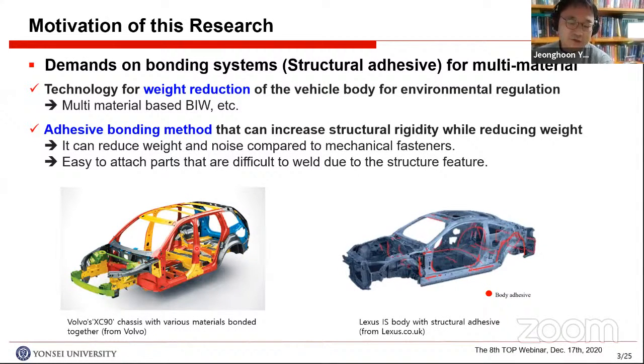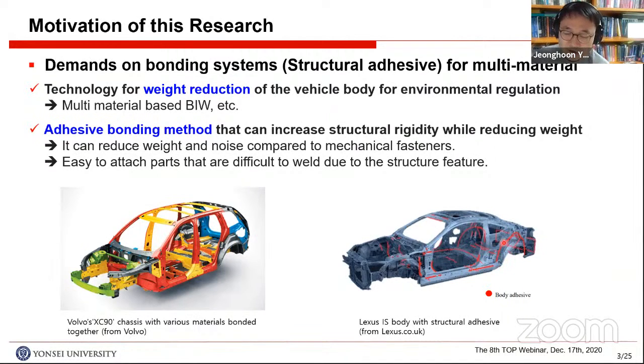Widely used bonding methods like mechanical fasteners are not good for weight reduction, and they also cause noise. For welding, some materials such as steel and aluminum are very difficult to weld. So the adhesive bonding method can be applied as an alternative.